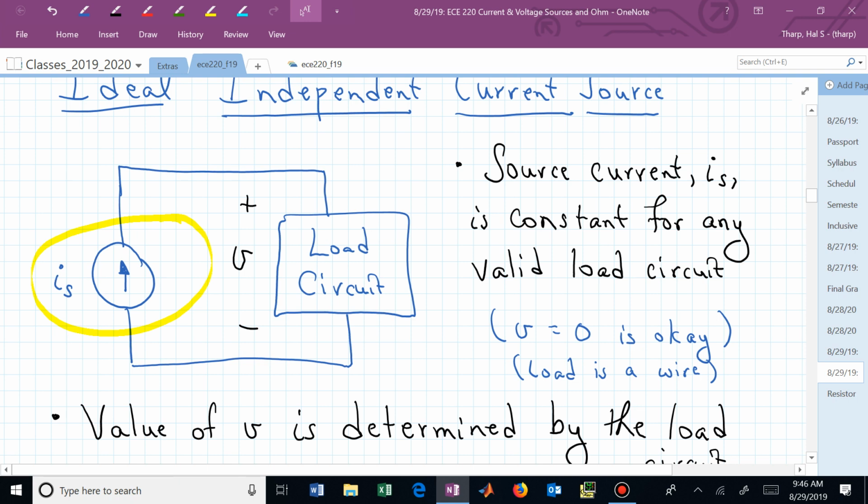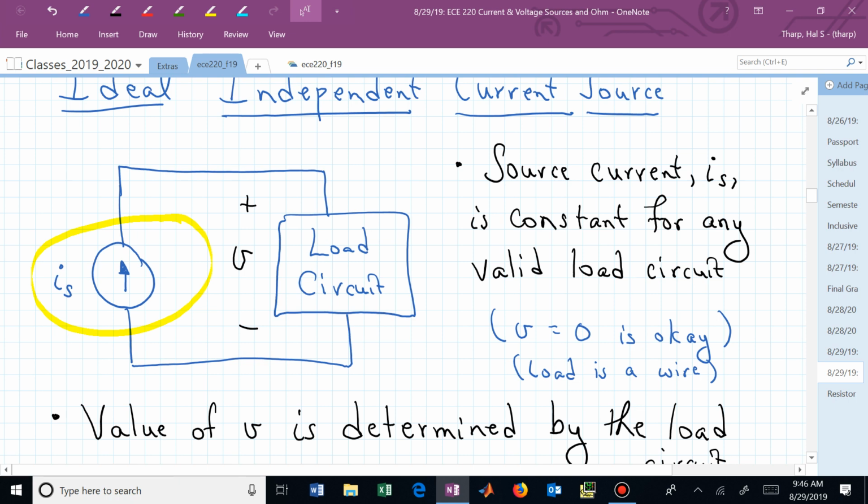If you say, give me 2 amps, it's going to give you 2 amps. That's how you've designed it. Inside that box is the circuitry that doesn't care what you hang on to it. If you set it at 2 amps, it's going to give you that 2 amps whether your load is 1 ohm or 1,000 ohms. And that's how we will use it when we start designing or analyzing these circuits.